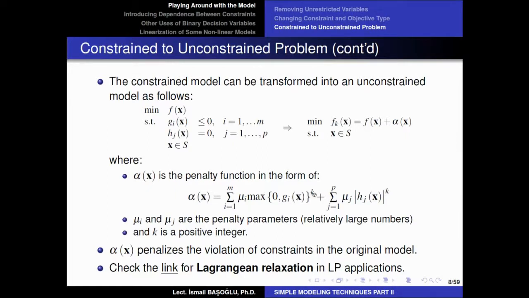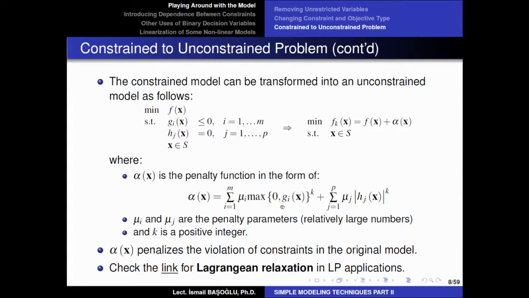And we are going to take the kth power of this maximum and multiply it with a penalty value mu_i, which is going to be simply a relatively large number. Now, if the constraint is satisfied by an assignment of the decision variables, the left-hand side of that constraint is going to be negative, and the maximum of 0 and the negative value will simply be 0, and the kth power of 0 will still be 0.